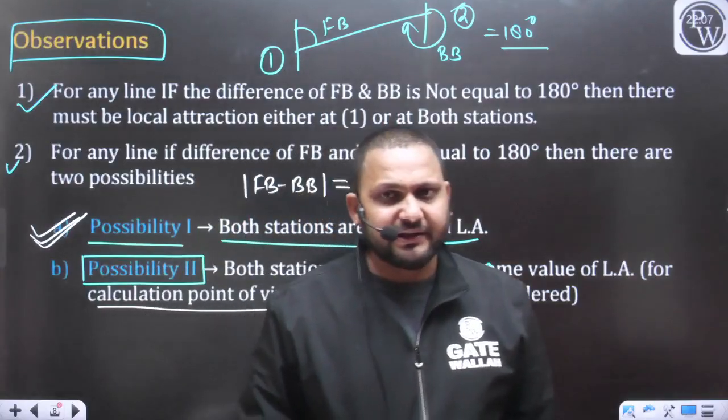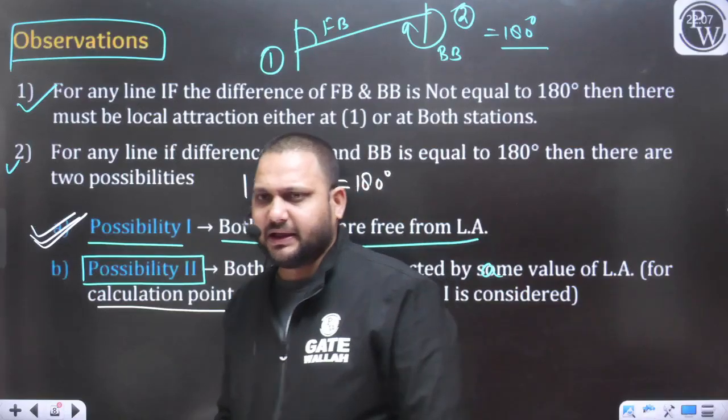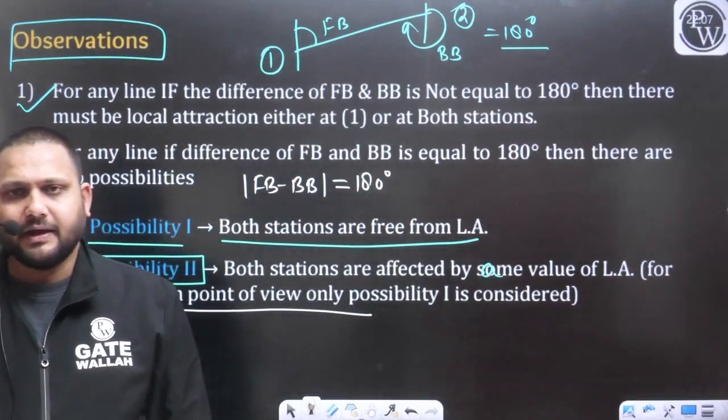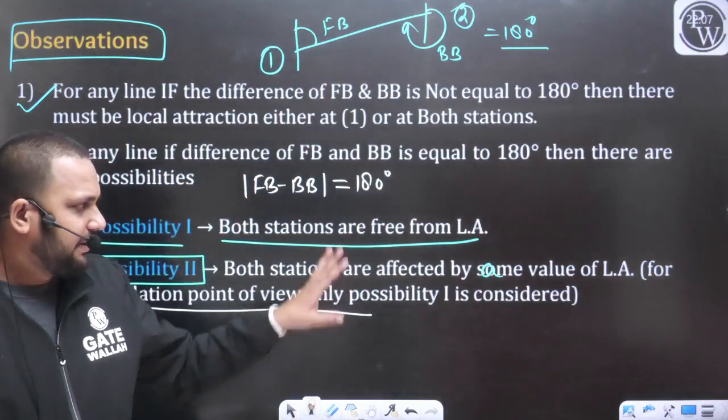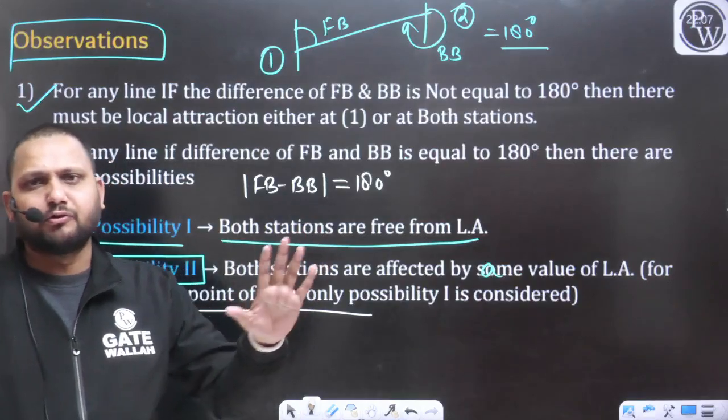And if we get the difference of the fore bearing and back bearing as 180 degrees, we will simply say there is no local attraction.